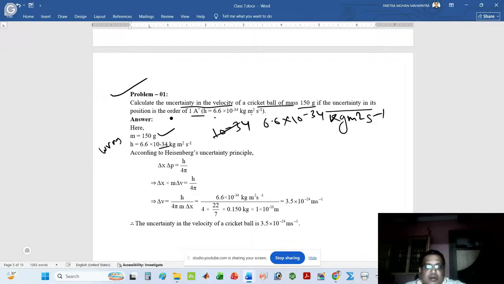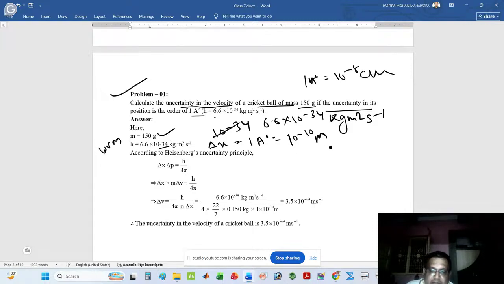Then the other value is the uncertainty in position, del x, which is 1 angstrom. It can be converted into 10 to the power minus 10 meter. We know that 1 angstrom is equal to 10 to the minus 8 centimeter. In meters, 1 angstrom is equal to 10 to the power minus 10 meter.